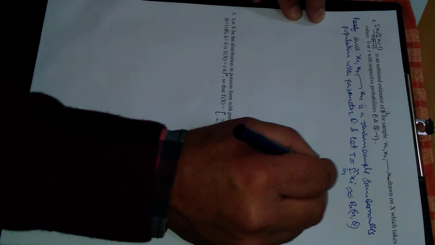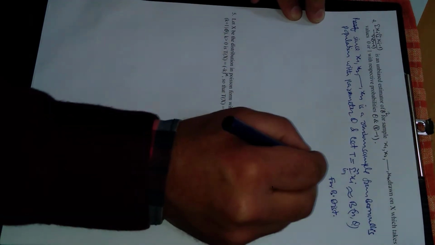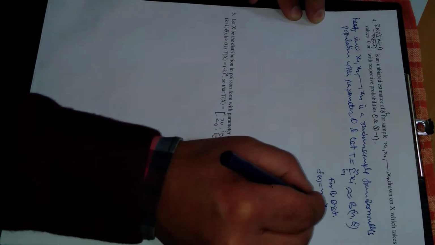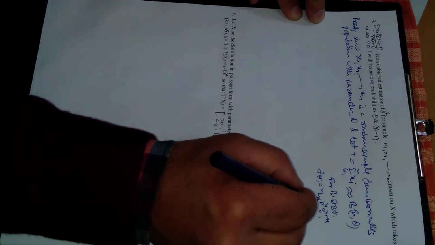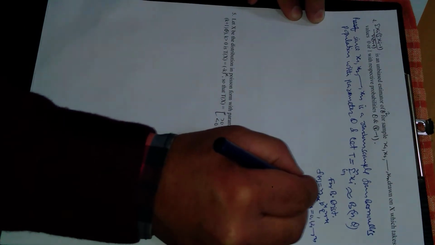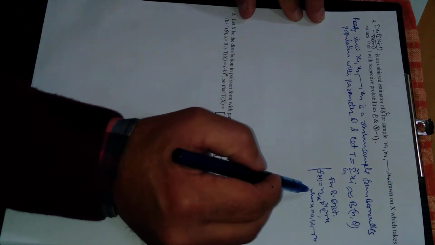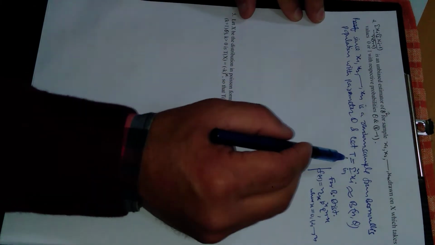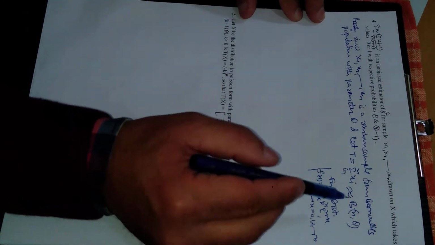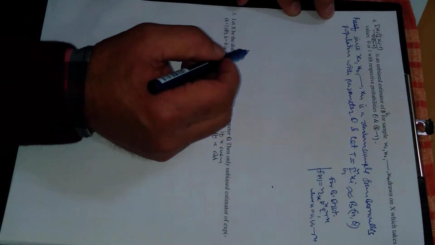We know for binomial distribution, density function is given like this: nCx p raised to power x q raised to power n minus x, where x is varying from 0, 1, 2 up to n, right? So if value of x is only 0 to 1, then this binomial distribution is Bernoulli distribution, because we are supposing a random variable t which is sum of all these random samples, then this will be approximately binomial distribution.